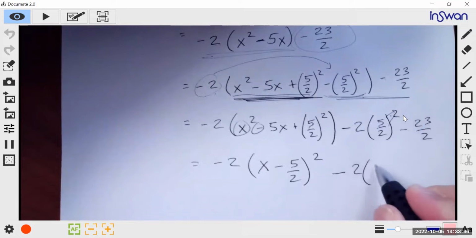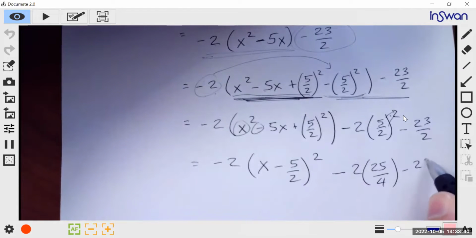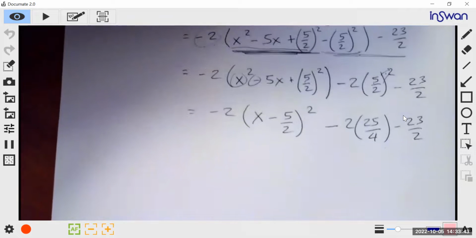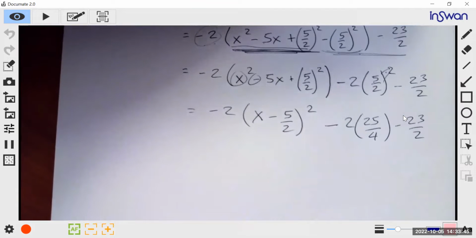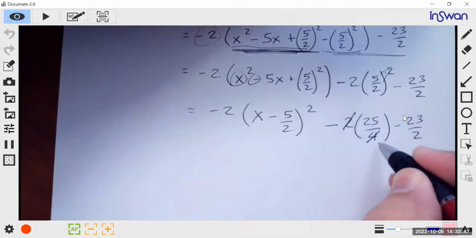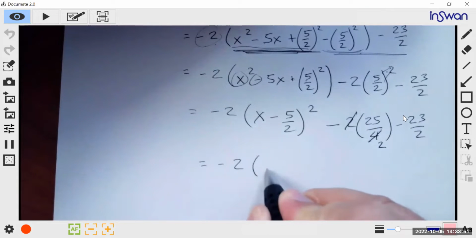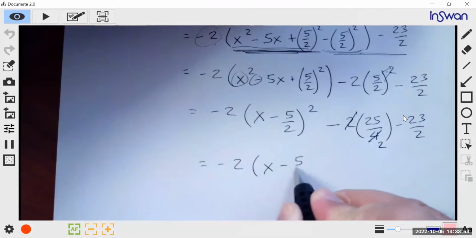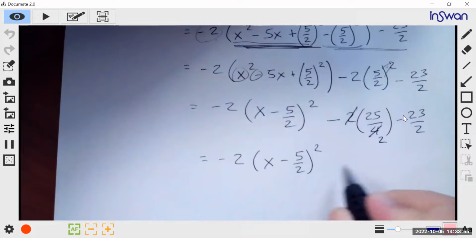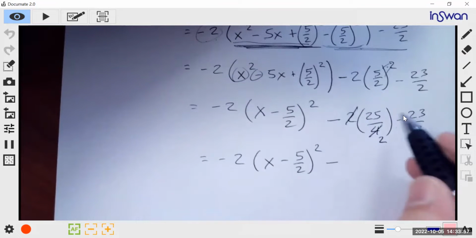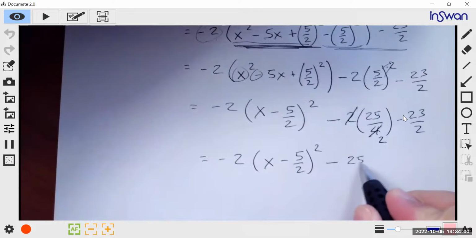This one becomes 25/4. The 2 and the 4 cancel. That's 25/2.